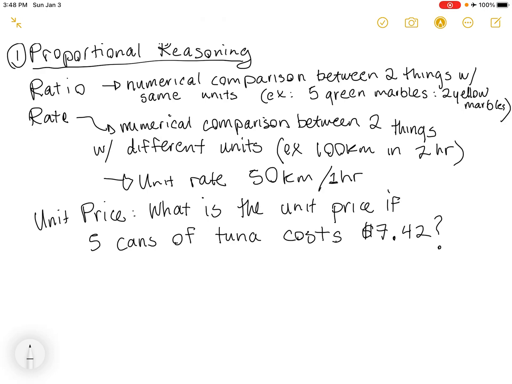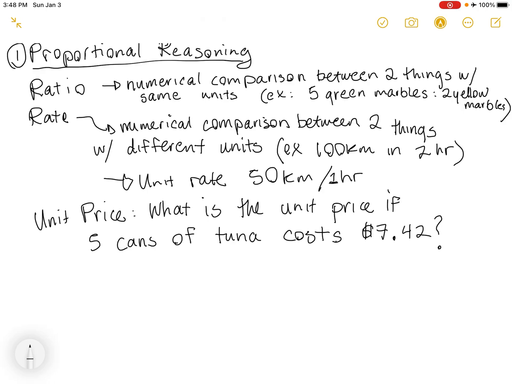Well, we can use something called proportional reasoning to figure this out. And proportional reasoning essentially means we're setting two ratios or rates, proportions, because we're doing a comparison, equal to one another.